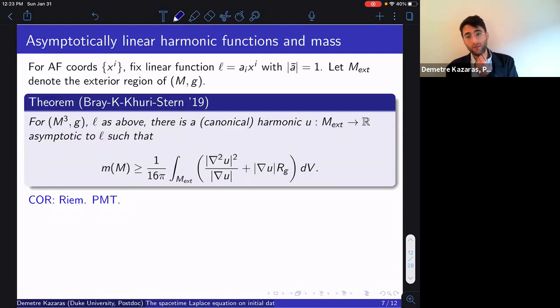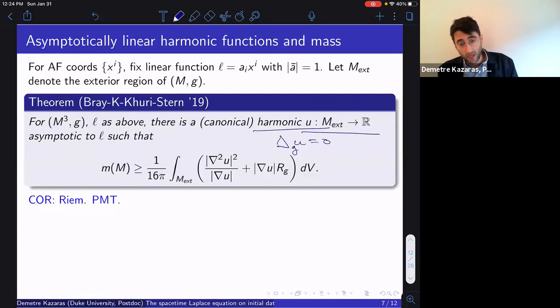First of all, you can find a function which is harmonic, in the kernel of the Laplace operator using your metric G, a harmonic function, unique in some sense, up to addition of a constant, which is asymptotic to this given linear function, given coordinate in the asymptotic end.